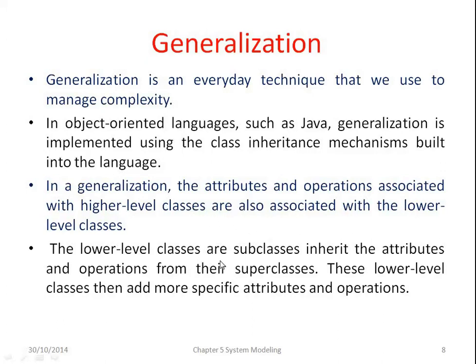The lower level classes, or subclasses, inherit the attributes and operations from their superclass. It is a parent-child relationship: all the characteristics of the parent are also inherited by the child. These lower level classes then add more specific attributes and operations.